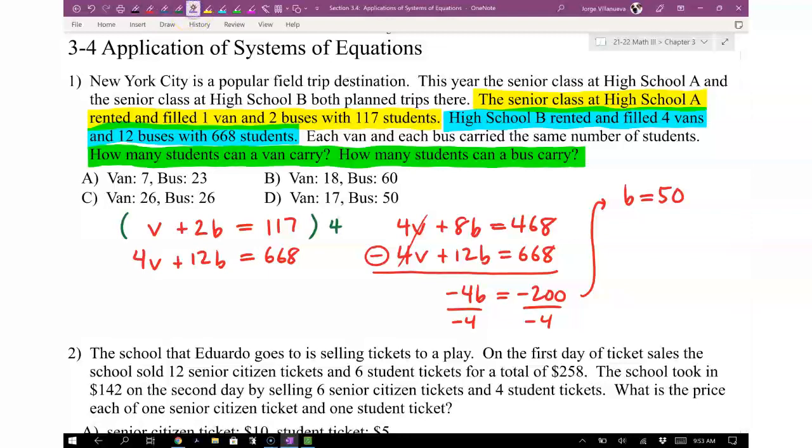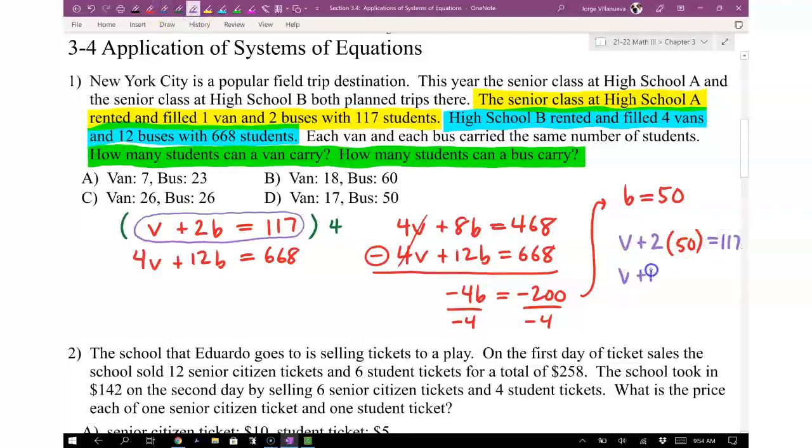So let's see, how many can the van carry? I'm going to use one of these 2 equations in the very beginning. I'm going to pick this one right here, okay? This one looks like it's easier to do. All right, so v plus 2 times b, which is 50, equals 117.